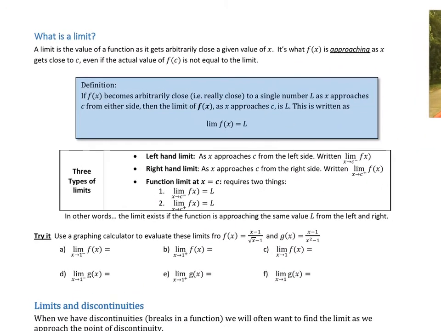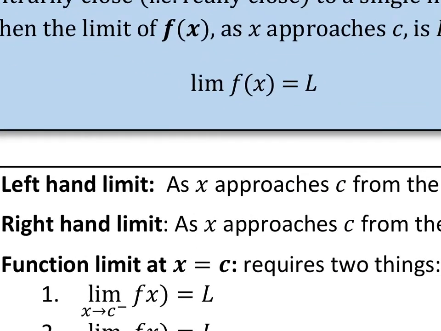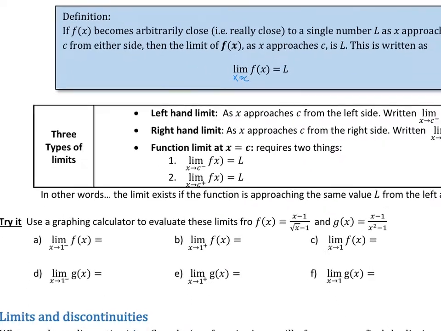So a limit of a function is defined like this: if f of x becomes arbitrarily close or really close to a single number L as it approaches some c value from either side, then we say that the limit of f of x as x approaches c is L. We write it like this: the limit as x goes to c of f of x is L. All right, so we have two types of limits.